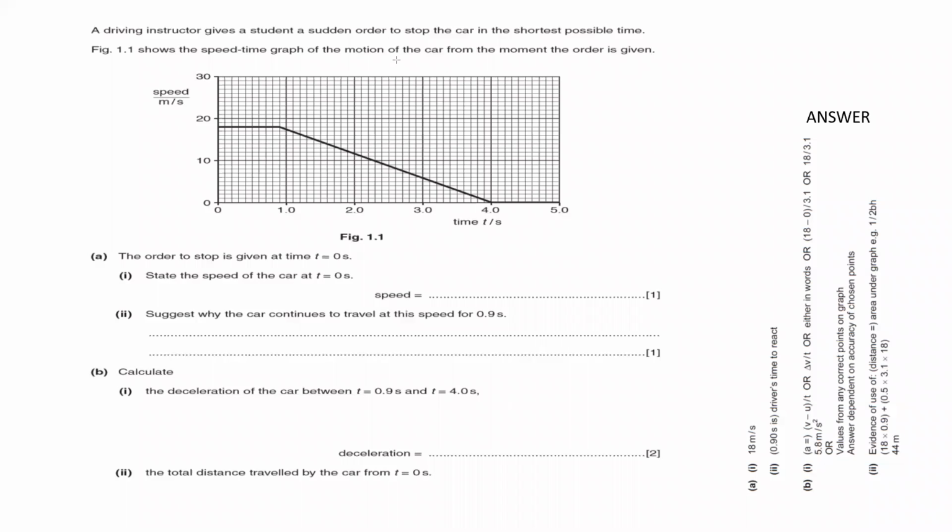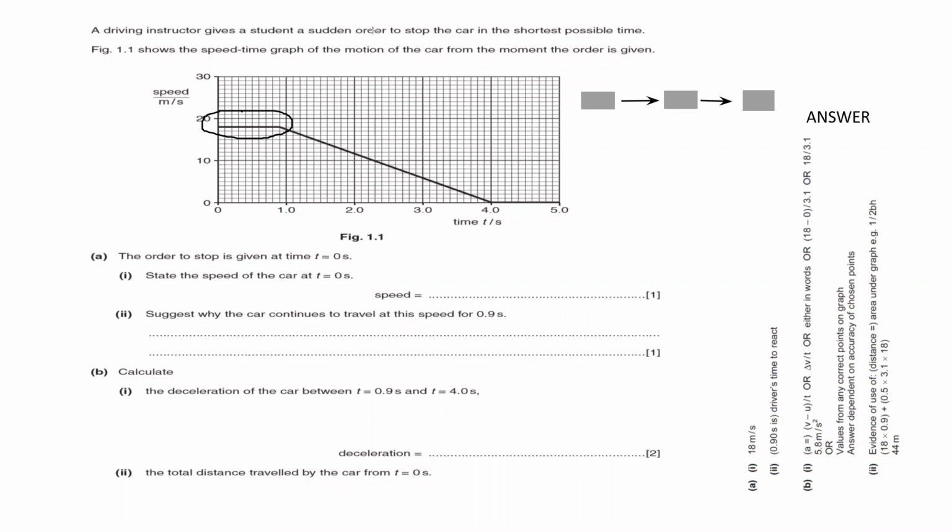So for some time, for example, the car continued to move with a constant speed, as you can see in this part. Even though the order is given, the car continued to move with a constant speed, and then the car slowed down and eventually the car stops.